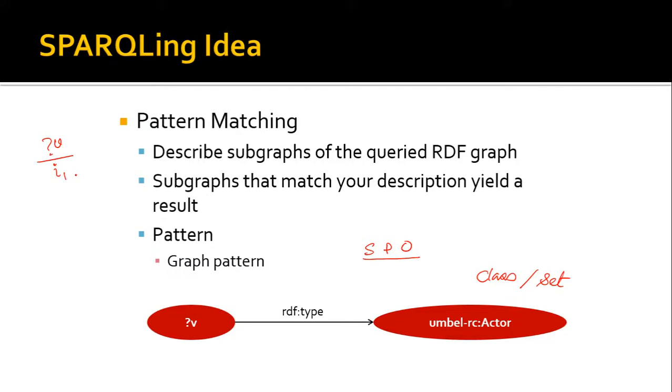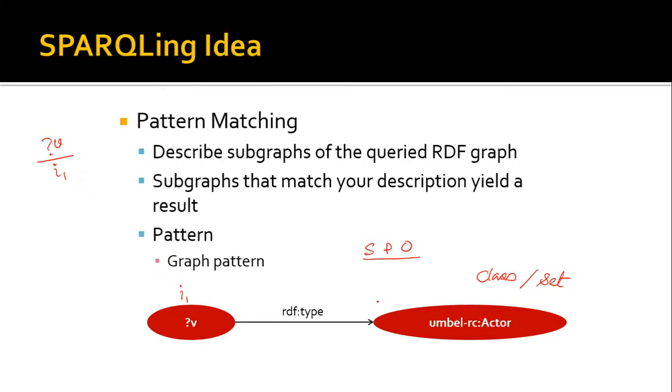So for example, we first instantiate this V with I1 and check whether I1 type actor is there in the knowledge base or not. So for example, if we take I1 to be Amitabh Bachchan, in that case that triple will be there in my knowledge base. So Amitabh Bachchan will be retrieved as the answer to this graph pattern.